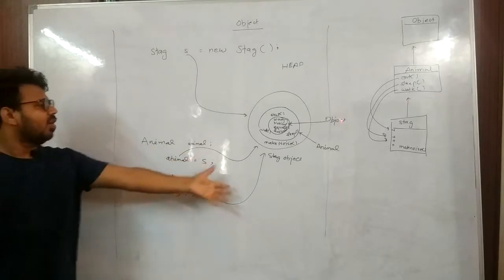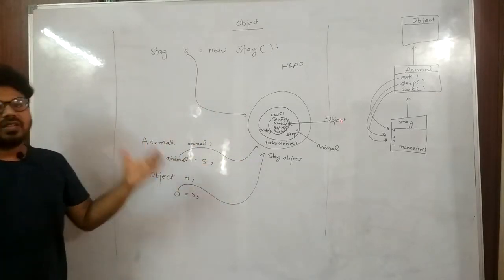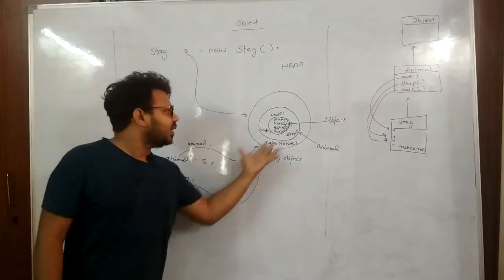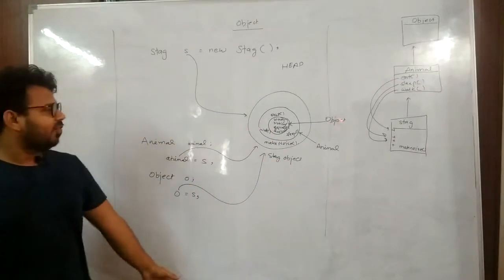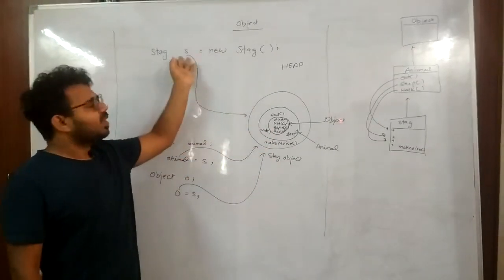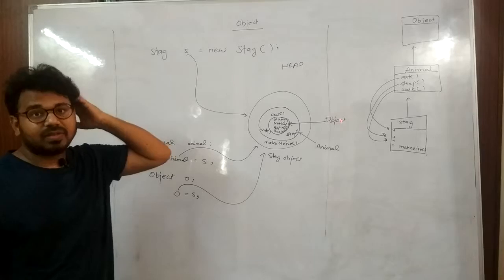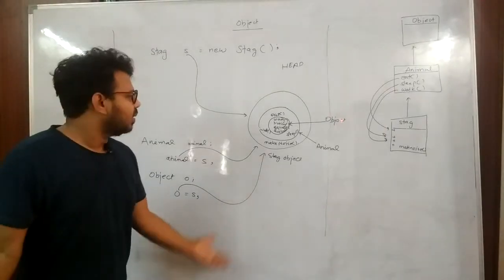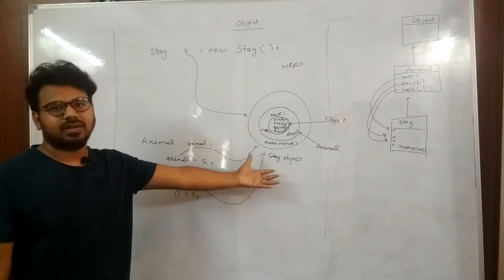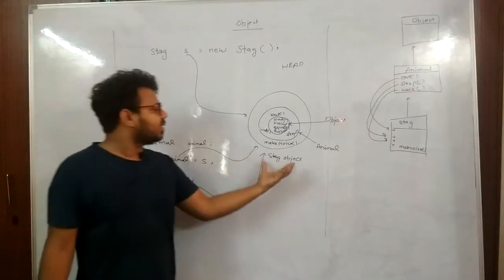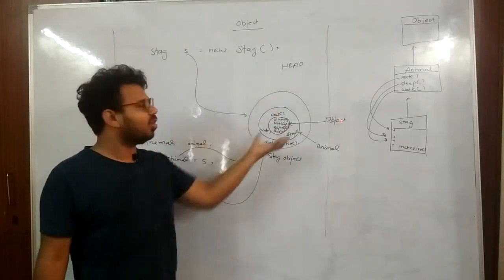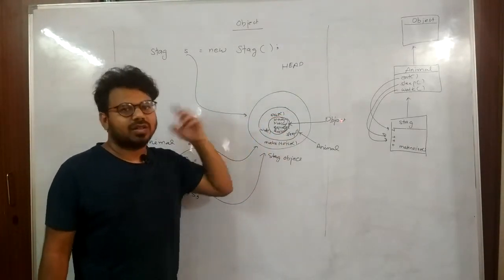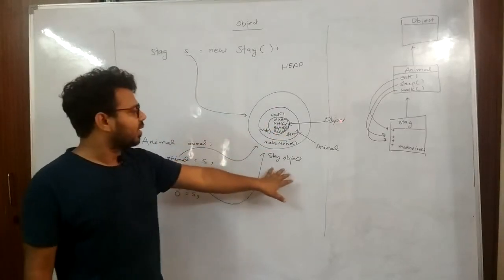If we assign this stack object to animal, we can see only the behaviors of animal. And if we assign this stack object to S, that is stack reference, we are going to see only the behavior of stack. Since this stack is the whole object, we are going to see all the behaviors of a stack object.